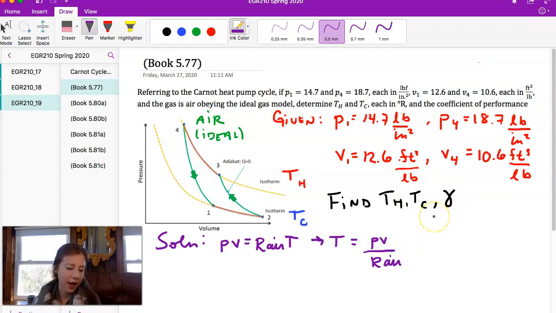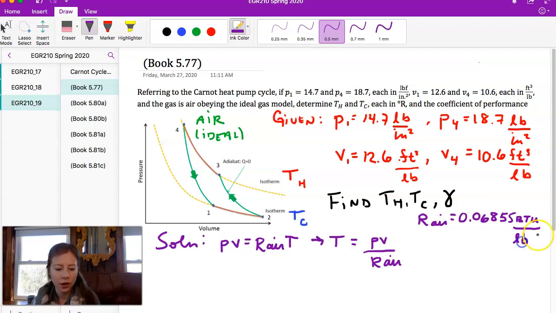And just remember that, dealing with English units, R air is going to be 0.06855 British thermal units per pound degrees Rankine.